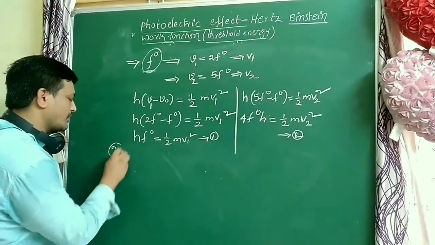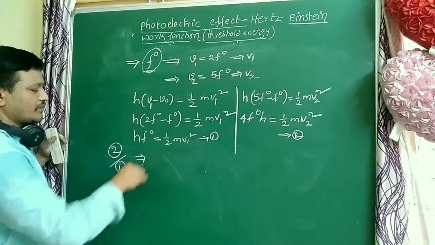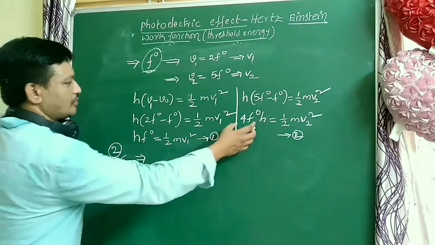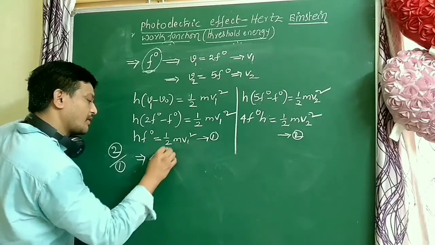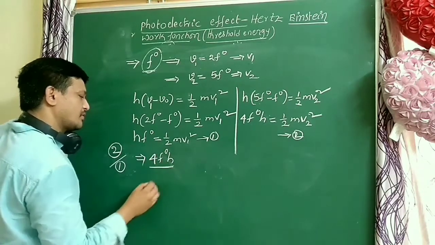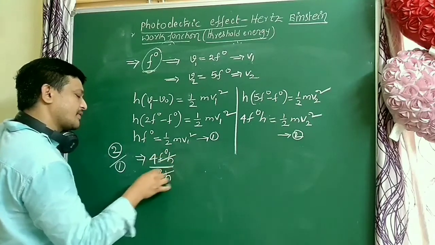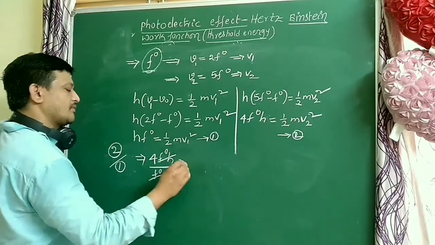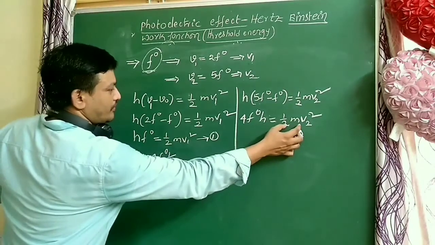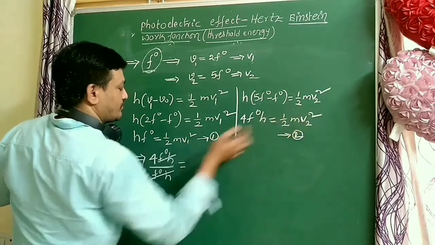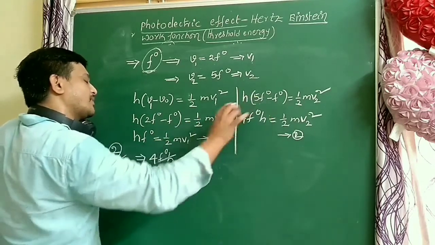Take equation 2 by 1. So 4 f naught h by f naught h, the f naught h cancels, and 4 equals half m v2 square by half m v1 square, the half m cancels.